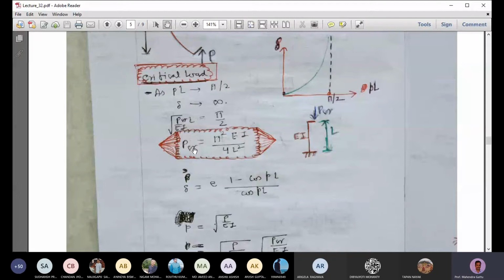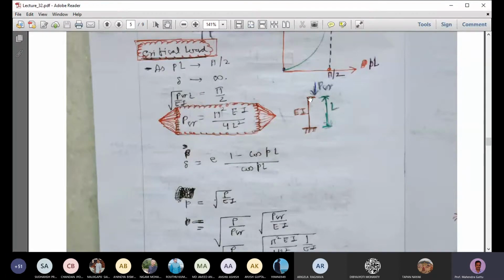We are writing CR in the subscript for critical. P critical is equal to pi square EI by 4L square. So for this column, the critical load is pi square EI by 4L square.